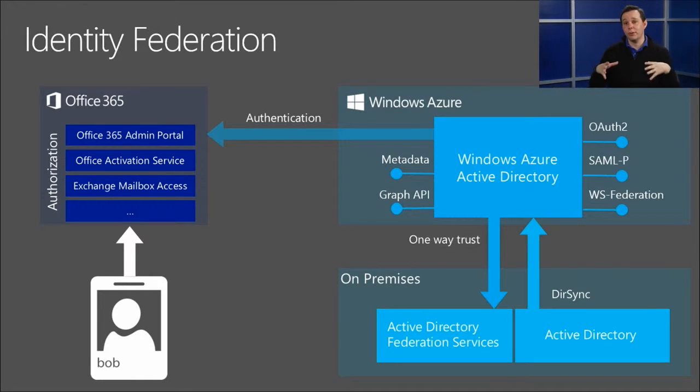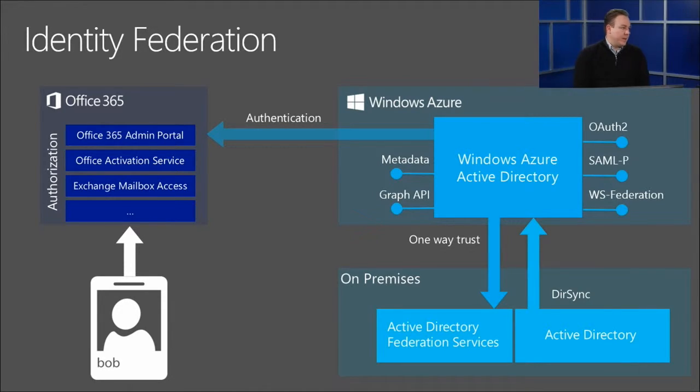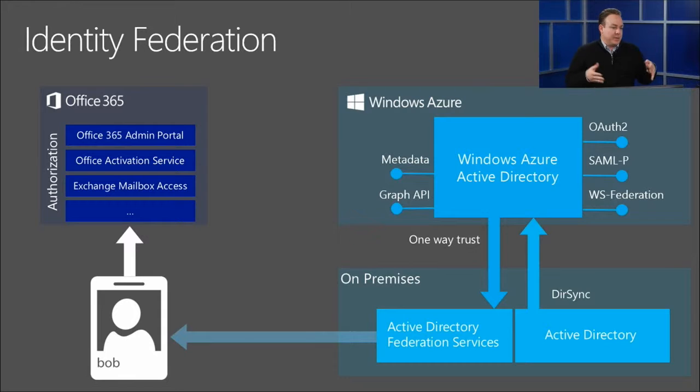And because that's happening on premises, you can inject all sorts of hoops and jumps that Bob has to jump through before he's allowed to get that authentication token, before Office 365 will trust that Bob is who he says he is. And that's where we think of client access control. Yeah. That's where we think of IP filtering or the capabilities of being able to force him to be in a VPN even to access a cloud service, which, for the vast majority of our customers simply isn't a hoop they put people through.